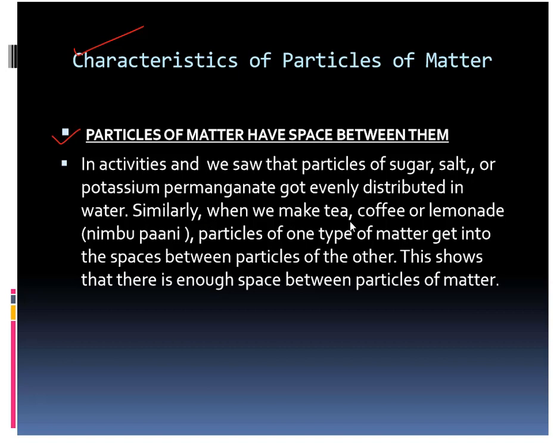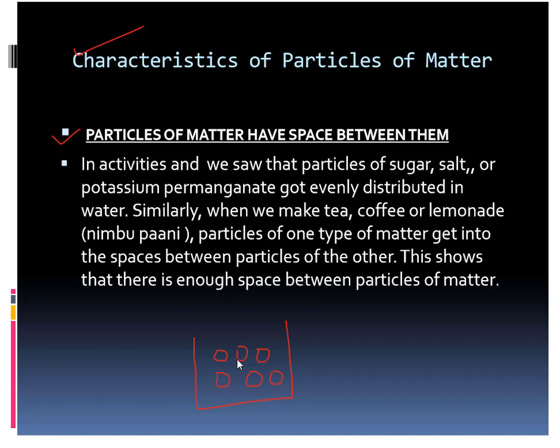Similarly, when we take tea, coffee, or lemonade, that is nimbu pani, particles of one type of matter get into the space between particles of the other. This shows that there is enough space between particles of matter. That means, suppose in a beaker you take some water. These are the particles of water.